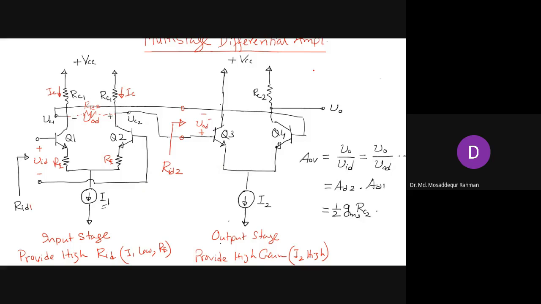What will be that resistance for the first stage? We discussed it in the last class. Do you remember?